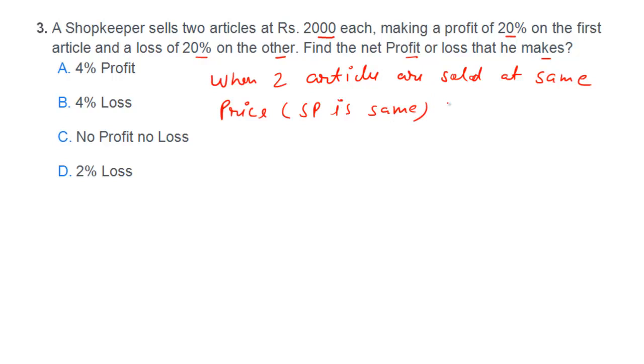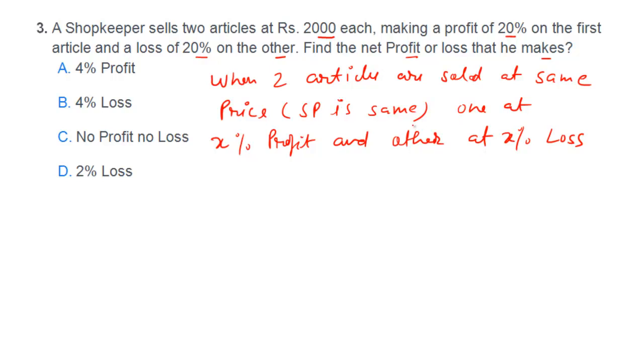When two articles are sold at the same price, one at say X% profit and the other at X% loss, you have to remember this, because this is the situation given in this question.